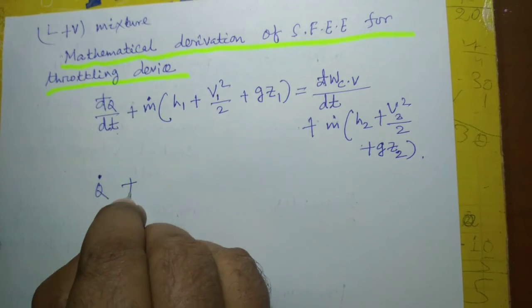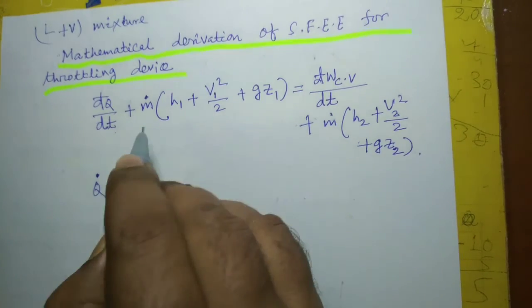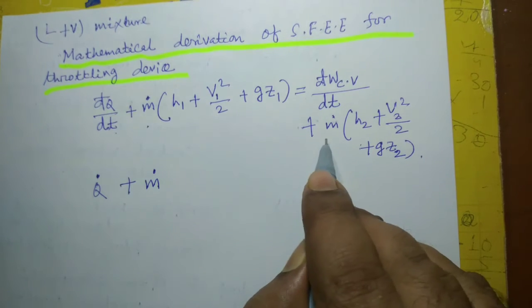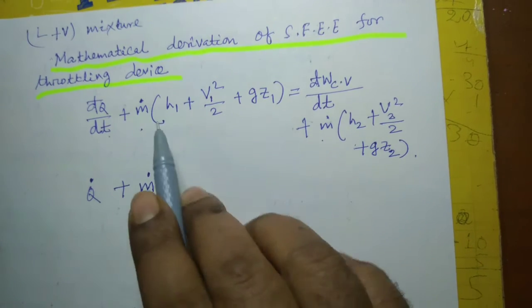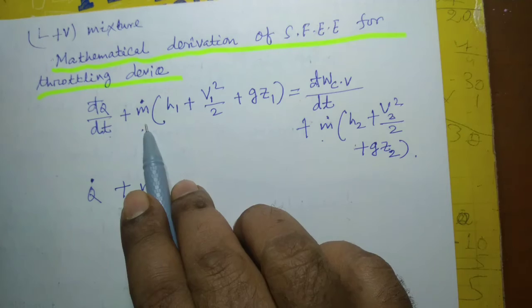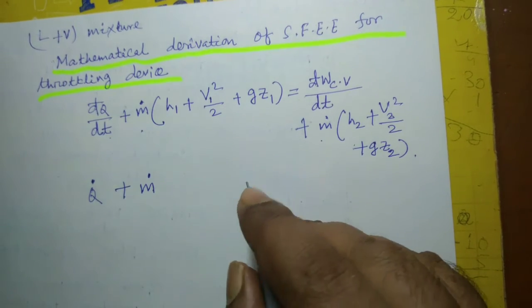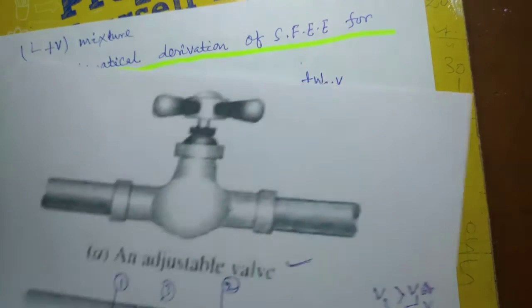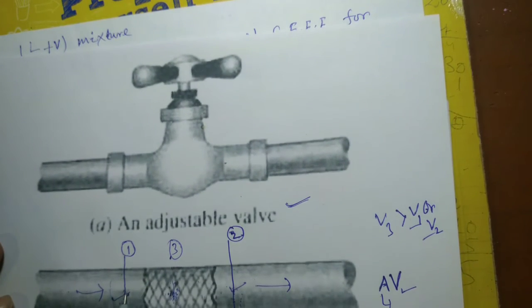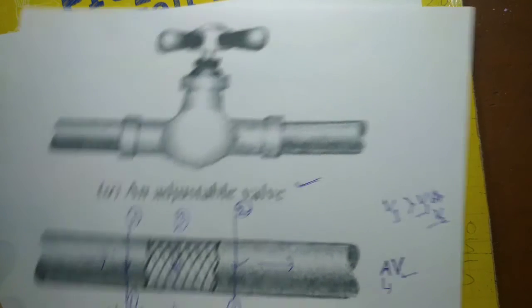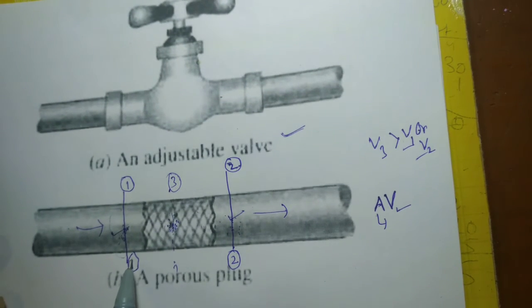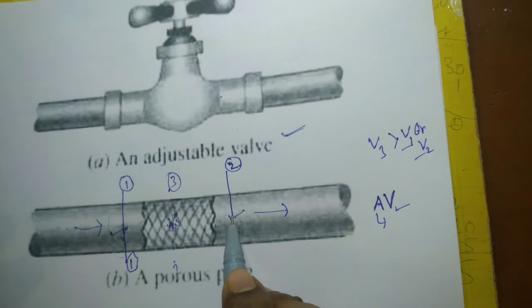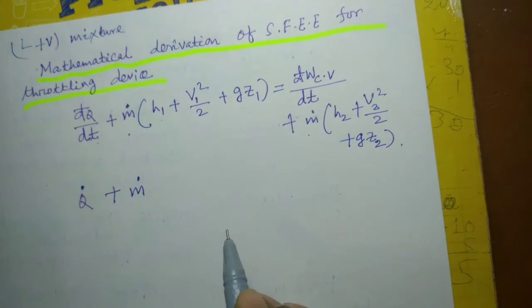Q dot plus m dot. Since the mass flow rate at the inlet is the same as the mass flow rate at the outlet, I write m dot for both cases. So m dot h1, where subscript 1 refers to section 1. I am analyzing between sections 1 and 2, so I use subscript 1 for every term like enthalpy, velocity, etc., and subscript 2 for section 2.